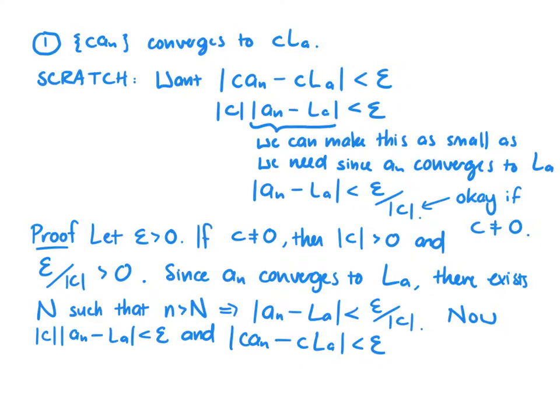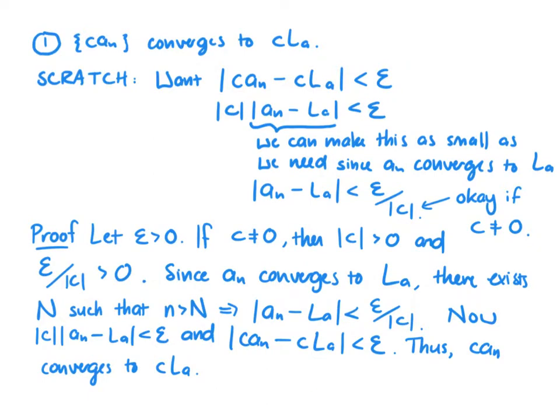I wanted an epsilon at this stage, and that's why I used epsilon over absolute value C earlier. Thus C a sub n, this sequence converges to C times the limit L_A.